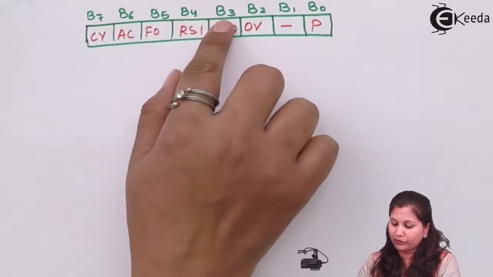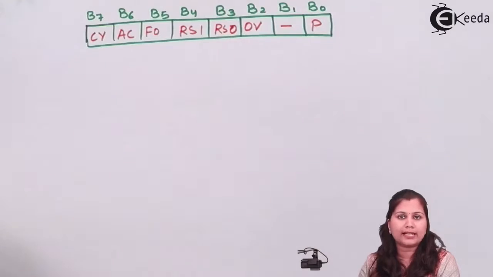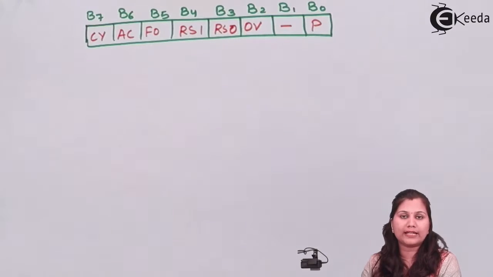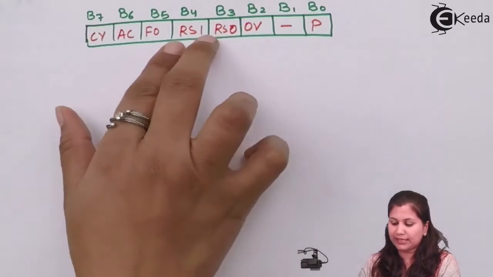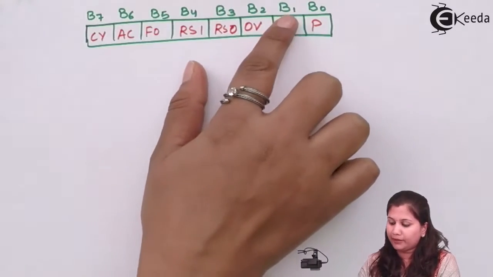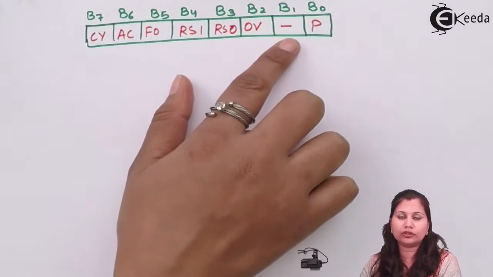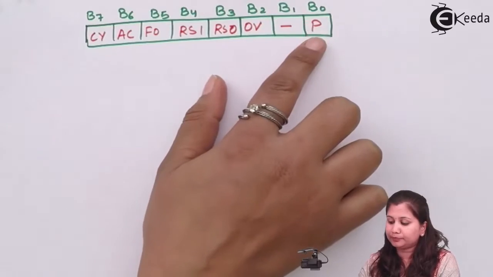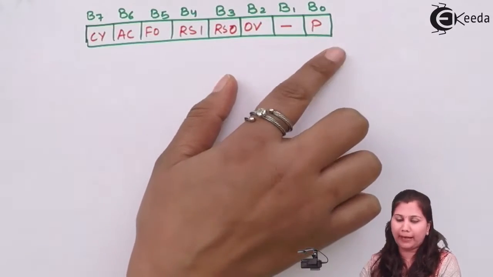Bit 4 and bit 3 are used for the selection of the bank, because 8051 has 4 register banks, bank 0 to bank 3. To select each of the banks, we have these selection bits. Then we have the overflow flag. Bit 1 is reserved for later use, and bit 0 is for the parity flag.